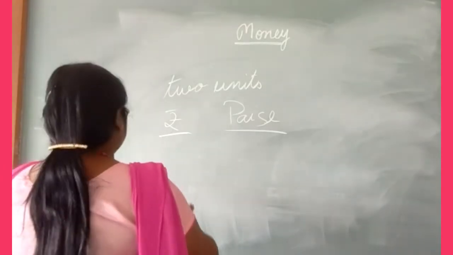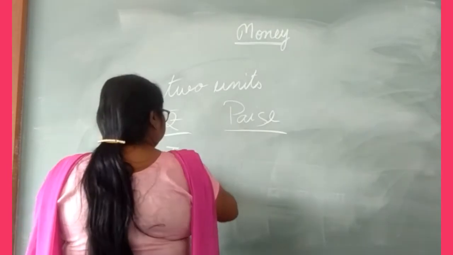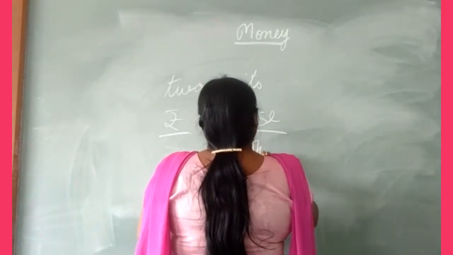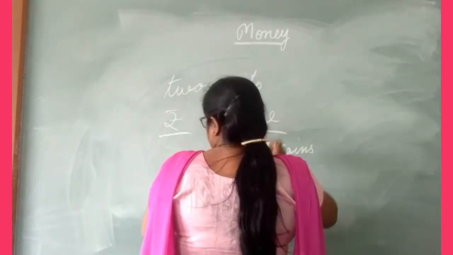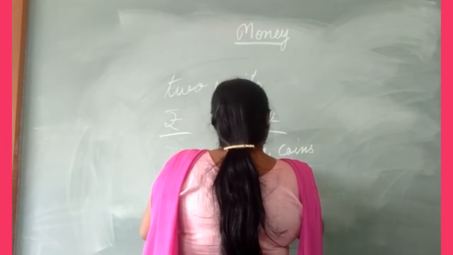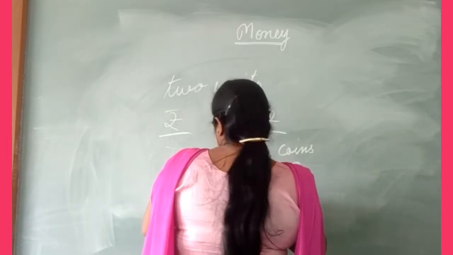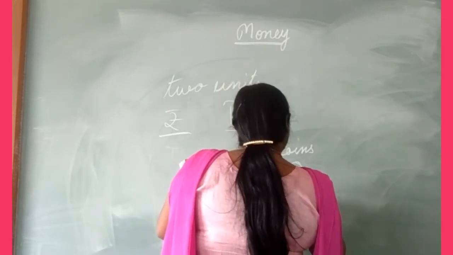Here you can see the coins: 1 rupee coins, 2 rupees coins, 5 rupees coins, and 10 rupees coins.